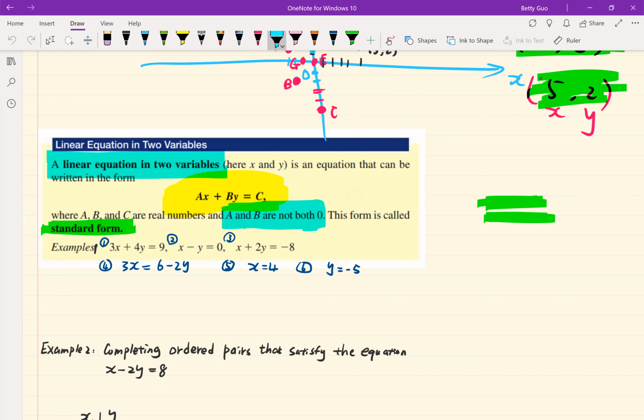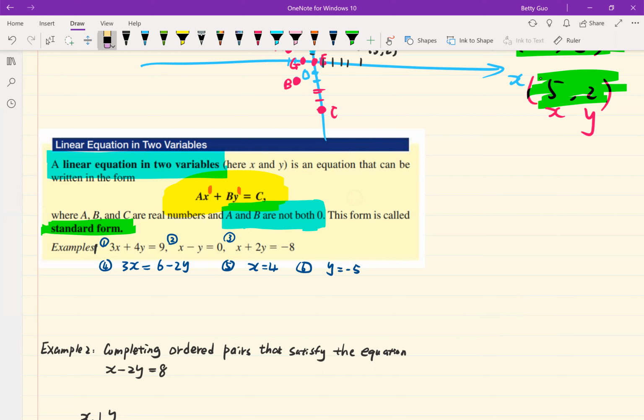So you have two variables, x and y. That's the second criterion. Number 3, the power on the shoulder of the variable is always 1, which means you don't see a square, you don't see a cube, you don't see a -1 power. Those three criteria can help you determine whether an equation is a linear equation in two variables or not.